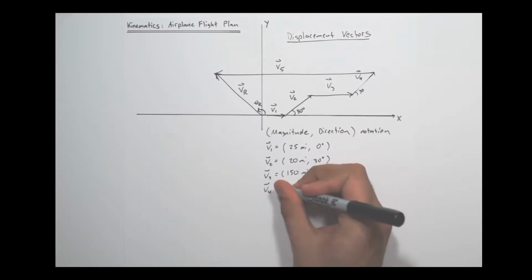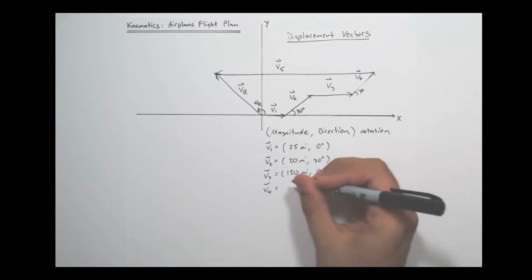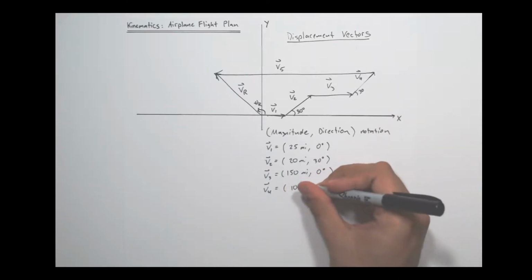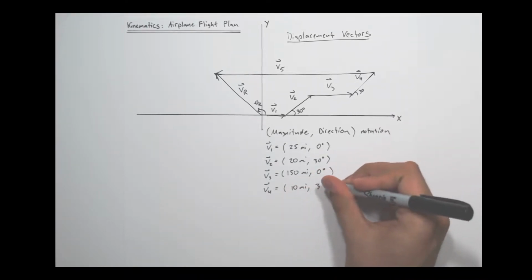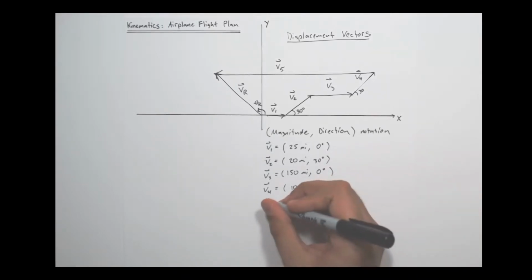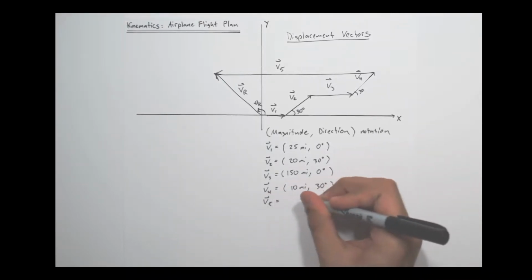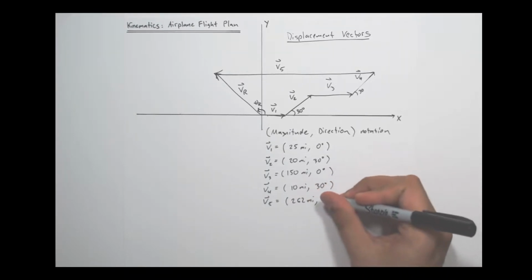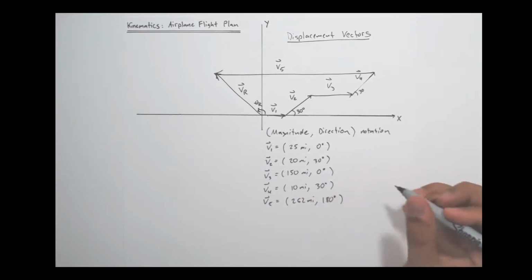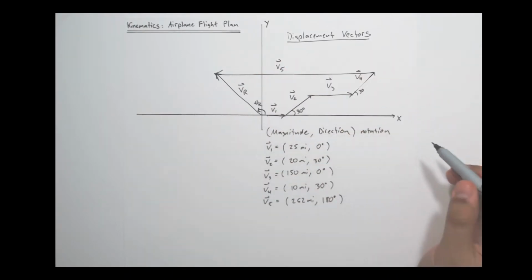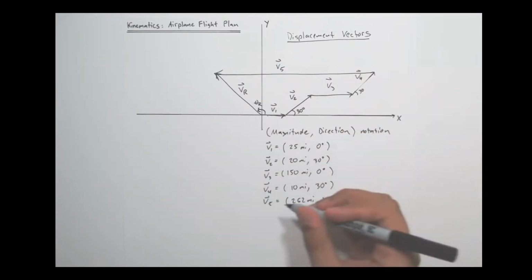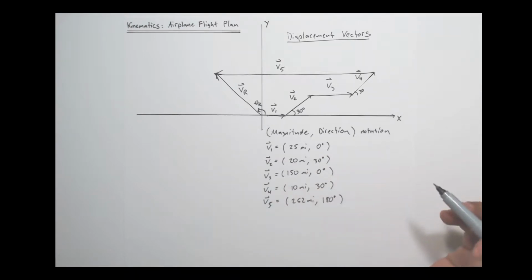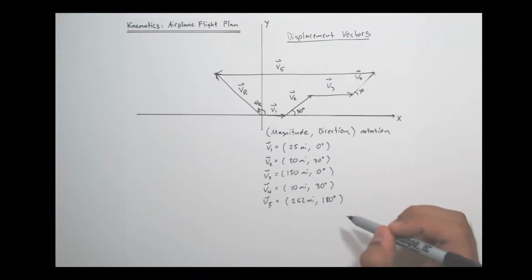Then we're going to have vector 4. This is again inclined. This is going to be 10 miles in the 30-degree angle direction. And finally, we're going to have vector 5, whose magnitude is 262 miles, and the angle is 180 degrees, so all the way to the negative x direction. Okay. So those are our magnitude direction notation for the 5 vectors.